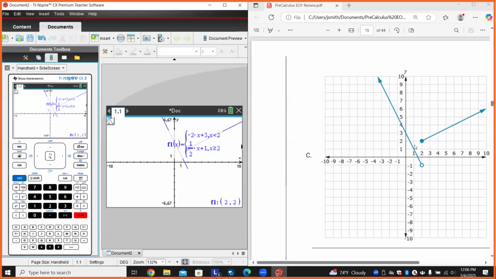A piecewise function goes left to right. Left graph, right graph. And if I had three, then that top one would be left, the middle one would be the middle graph, and the bottom one would be the right, and it keeps going that way.